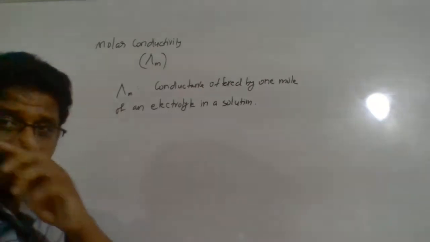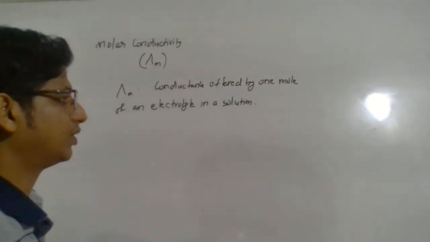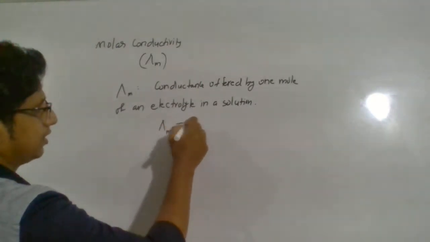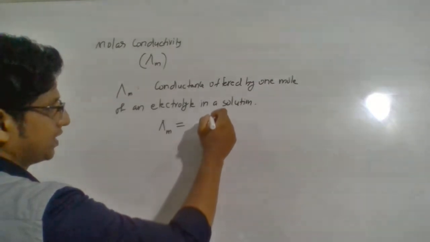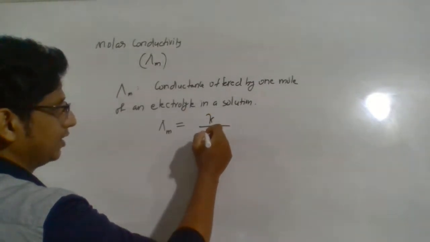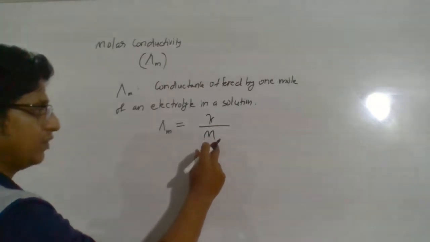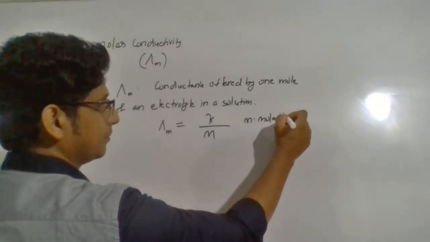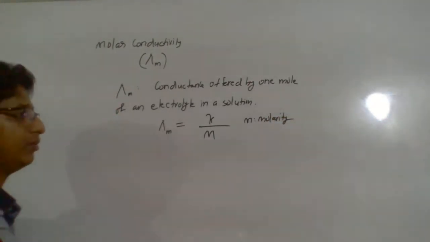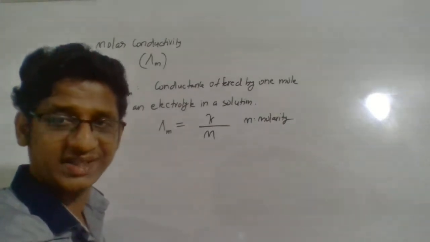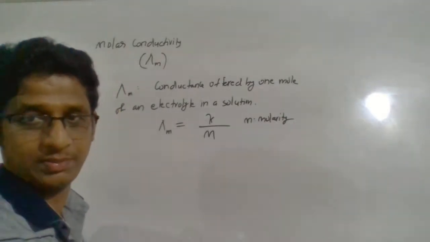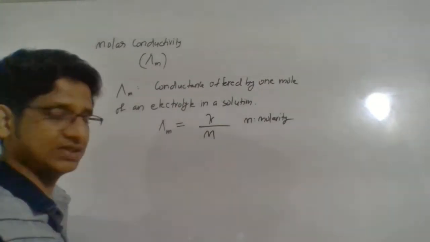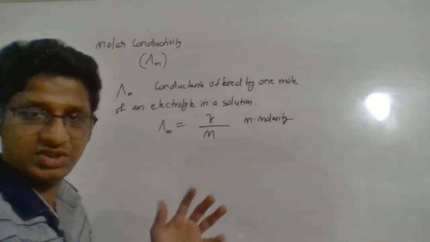Just like the way we found the equivalent conductivity, the only difference here is that lambda m is equal to conductivity kappa divided by molarity. Instead of normality, you use M, which stands for molarity. Molarity is the number of moles of solute per volume of the solution expressed in liter. That's what molarity is all about. So instead of normality, we express molarity. That's the only difference, nothing much to differentiate between the two.